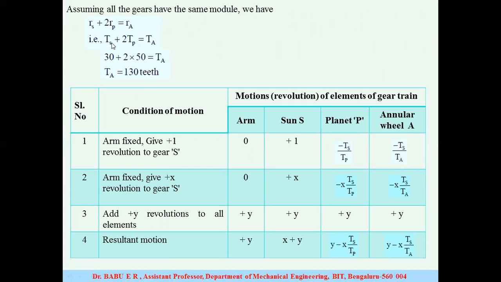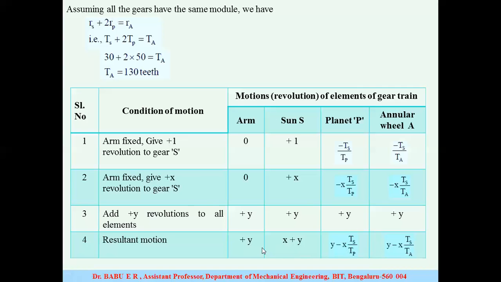So Ts plus 2 times Tp equals Ta. Ts is 30 and Tp is 50, so the number of teeth on gear A will be 130 teeth.